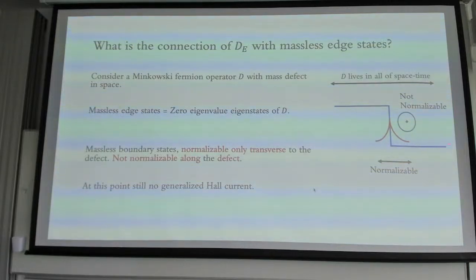These states are, of course, normalizable in the direction transverse to the defect. They're not normalizable along the defect coordinates. For example, they're not normalizable in time. And these massless edge states are zero eigenvalue eigenstates of this operator D. But because they are not normalizable, they are not zero modes of any operator. So at this point, I don't have any generalized Hall current. Okay?